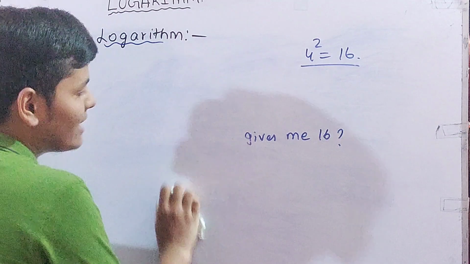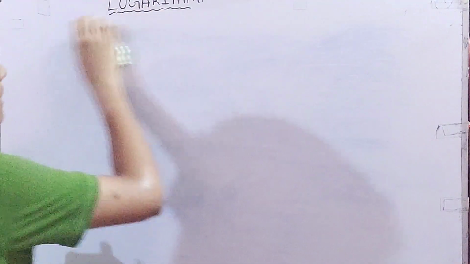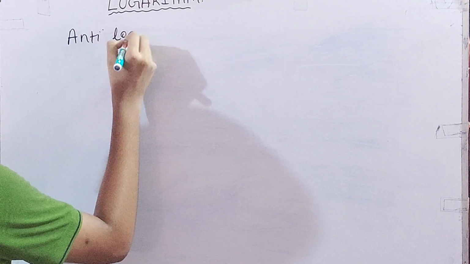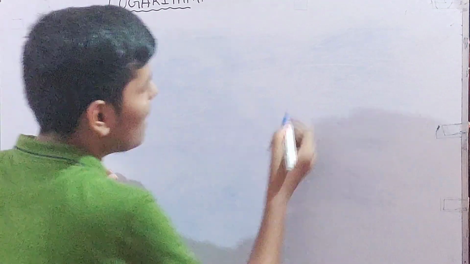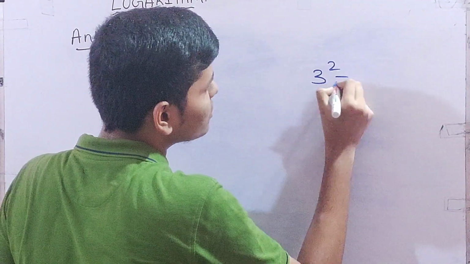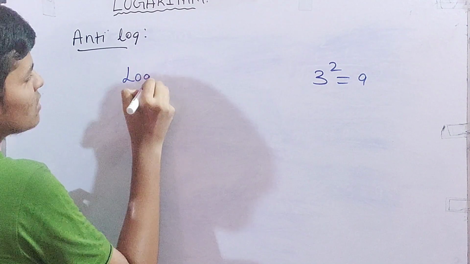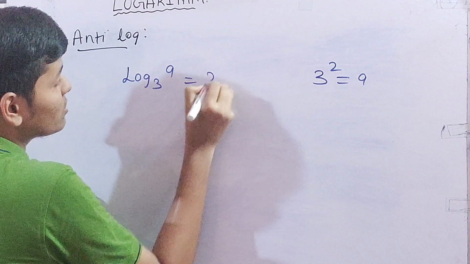Now talking about anti-log. What is anti-log? The same thing which we did right now is called as anti-log. Now what did we do over here? We have, suppose 3 square is equal to 9. How did we represent this? We represented this as log of 9 to the base 3 is equal to 2.